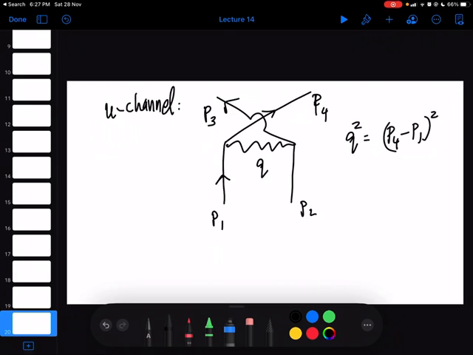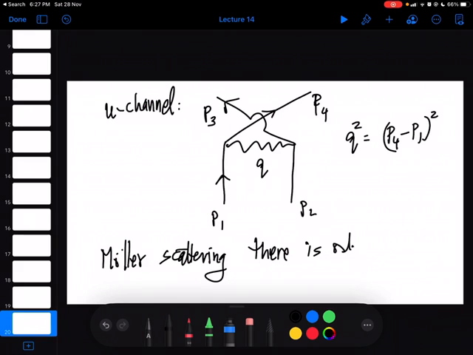With this I know that for Møller scattering there are only T and U channels.